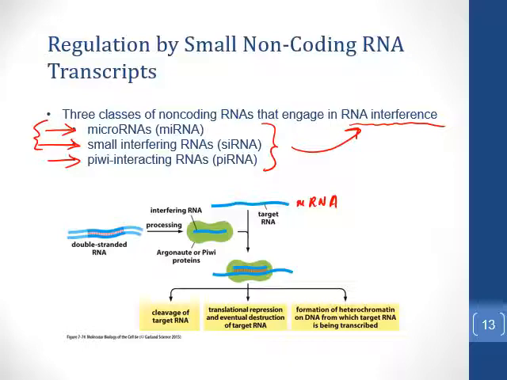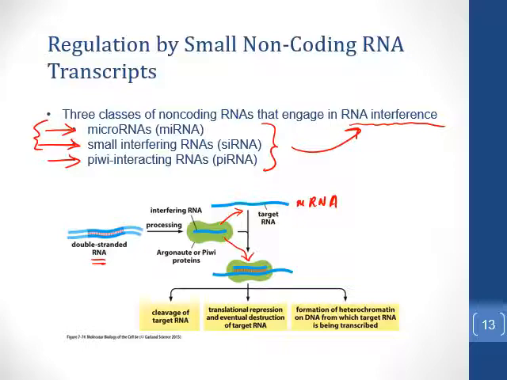Looking at this in general, there's going to be a double-stranded RNA. This is not an mRNA. This is one of these microRNAs or short interfering RNAs or piRNAs. This double-stranded RNA is going to be processed into a single-stranded RNA that's going to interfere with the target RNA by binding to it.